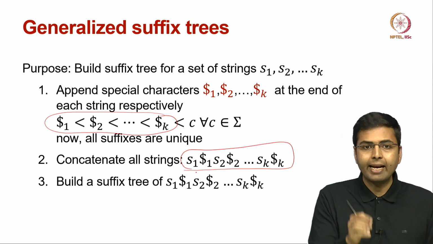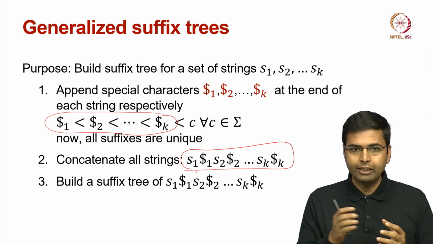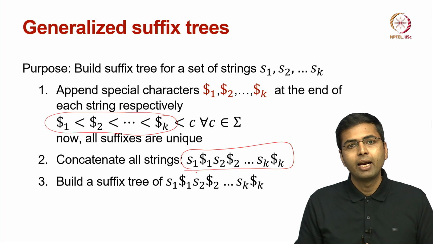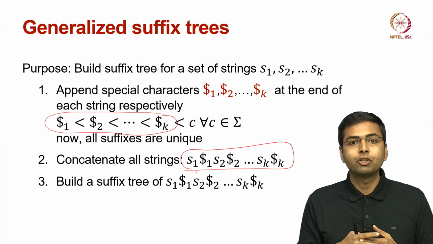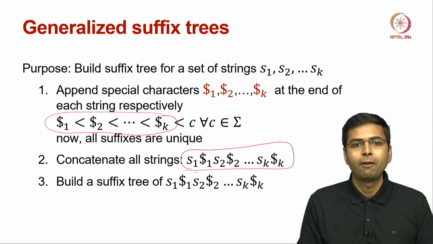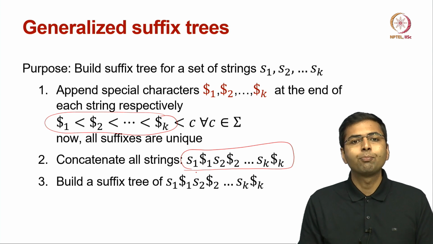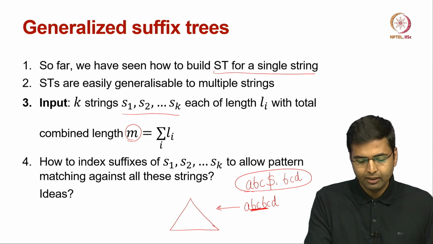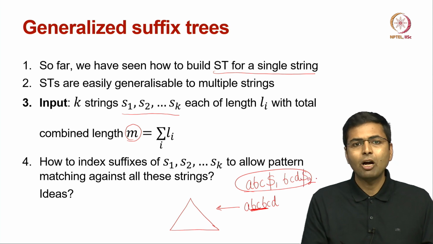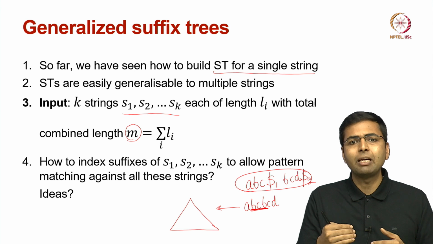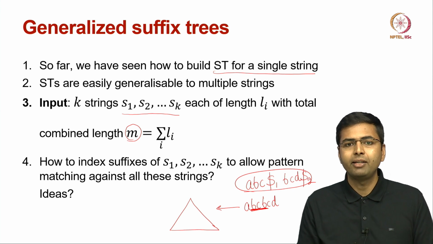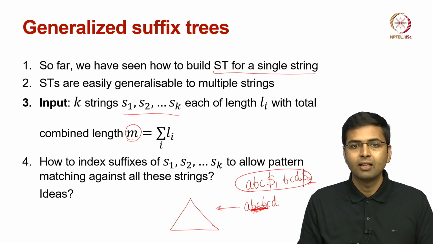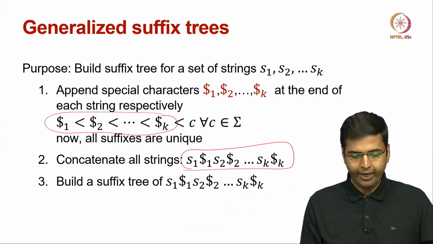The way I will concatenate is S1 $1, S2 $2, until Sk $k, and after this I am going to build a suffix tree of this entire string. Then the problem that I was mentioning in the last slide will not occur, because now we have a special symbol separating them, and when I am searching for the pattern I can use these separators to tell whether BCB occurs in the original strings or not.